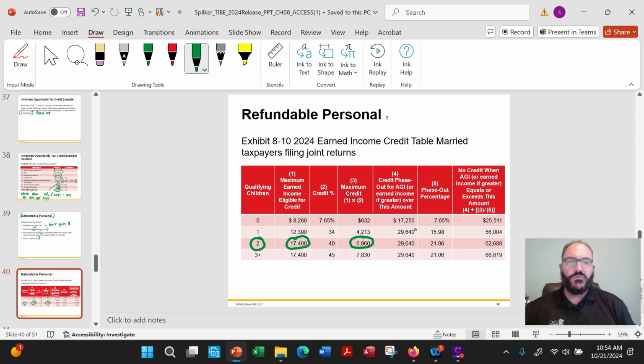The phase out for the credit applies when AGI or earned income is greater than this amount. The phase out percentage is 21.6%. So basically you can make up to this amount of money. No credit when AGI exceeds this amount. So anyway, the bottom line is, if you're getting this, you're definitely not rich.